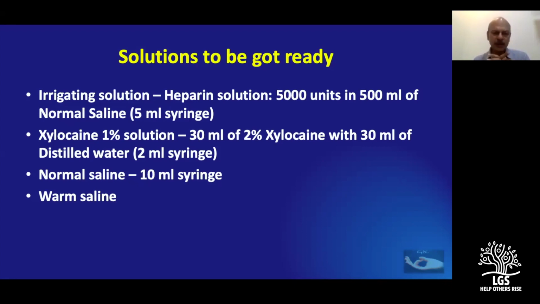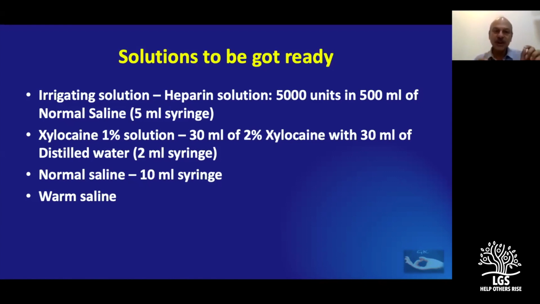Now, it is important to remember where we use an irrigating solution and where we use xylocaine. Xylocaine is used mainly to anesthetize the nerve endings around the vessel wall. So, this will prevent spasm. The next important point to remember is xylocaine is an irritant to the intima of the blood vessel. So, when the vessel is open, that is, before you have done an anastomosis, we should not use xylocaine.